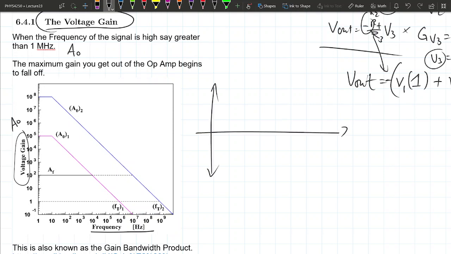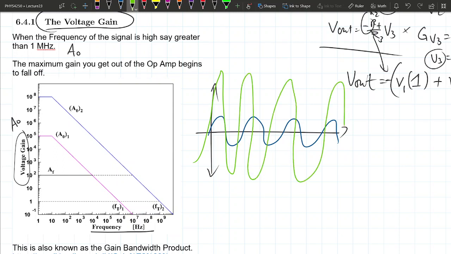So for example, if I have some sort of sine wave, up and down, up and down like this, and I want to amplify this signal by a factor of 10, let's say up here, I know this is misaligned, but just pretend they're in line.